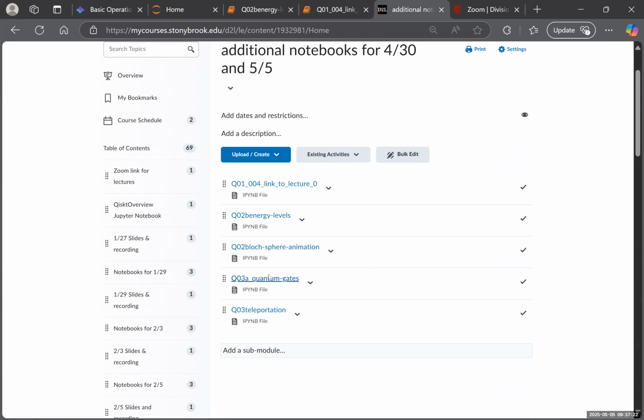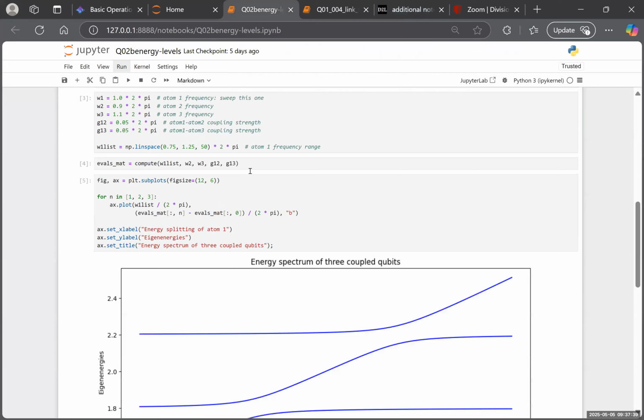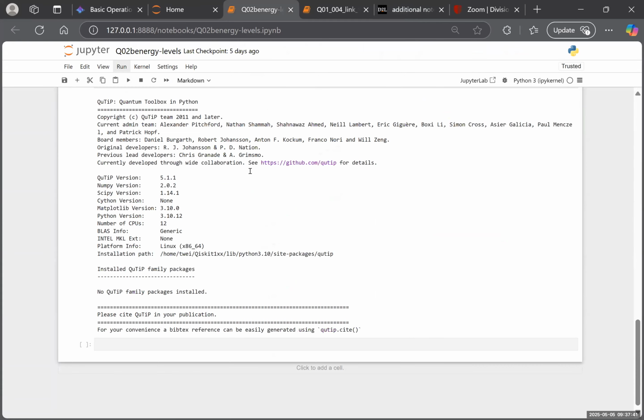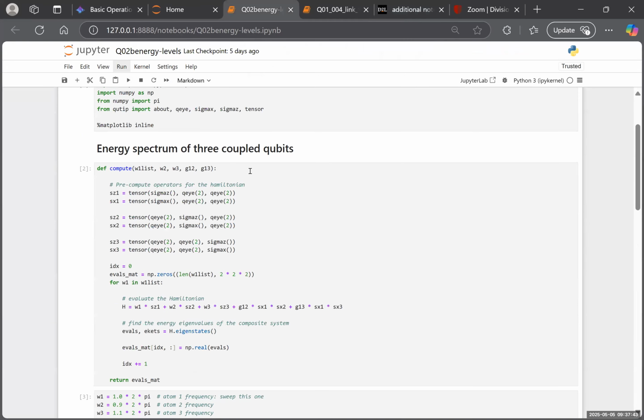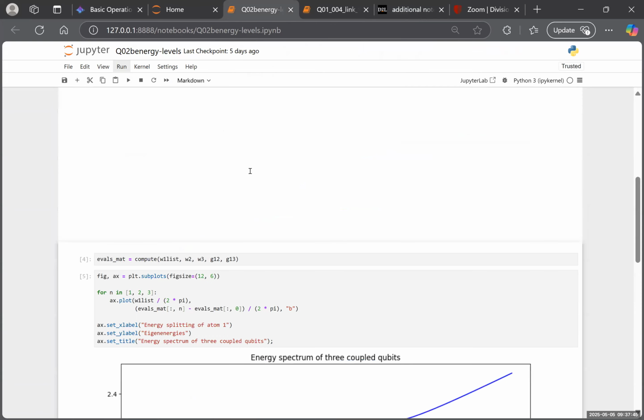We'll do more of a quantum info just as a beginning, and then after that we'll look at more quantum optics applications. So today we're going to look at this energy levels. Many of these notebooks are very short, so you can see it's really just one page.